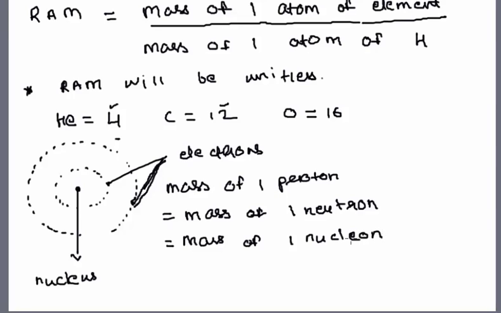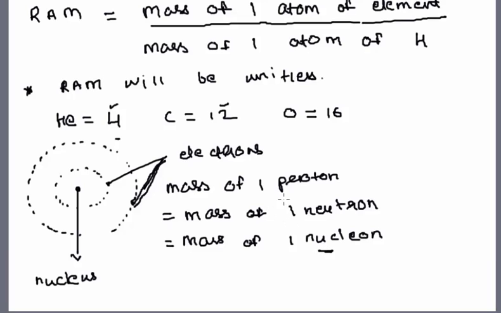In a similar manner, suppose there is a classroom and there are 20 students, 10 of them boys and 10 of them girls. I can use the term student for the boy as well as the girl. Similarly, if in a nucleus protons and neutrons are found, I can use the term nucleon for both, since this term is derived from the fact that they are found inside the nucleus.